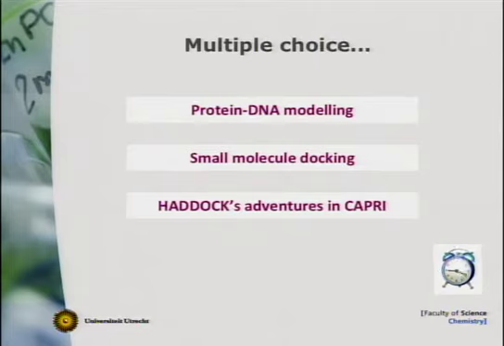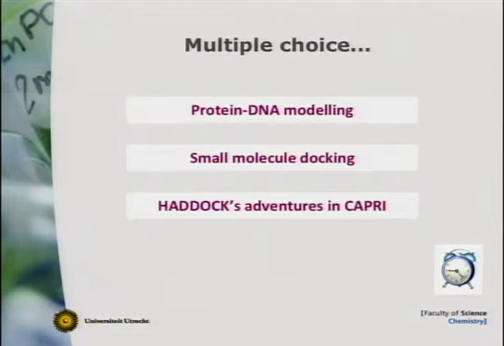We're going to vote. So who is for? Protein DNA was done yesterday, so let's start with the middle one and then we see where we stand. Small molecule docking.